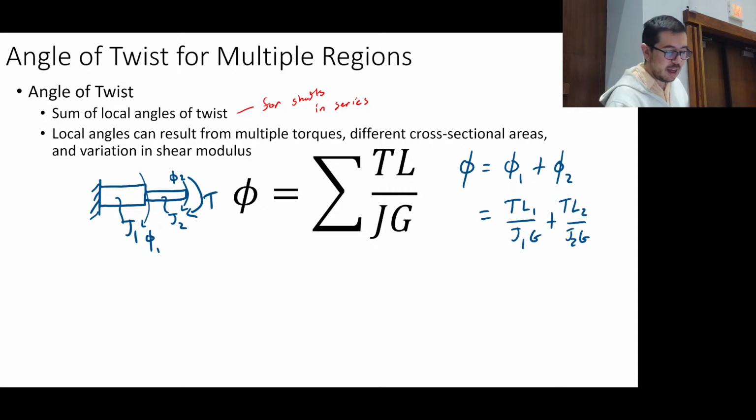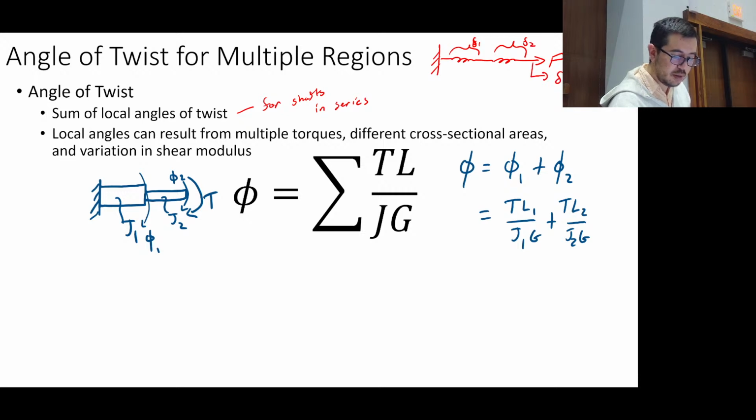Because if I have a spring like this, and I want to say, oh, hey, what's the deformation of this one? Delta 1. And what's the deformation of this one? Delta 2. And what's the deformation at the end? Delta.